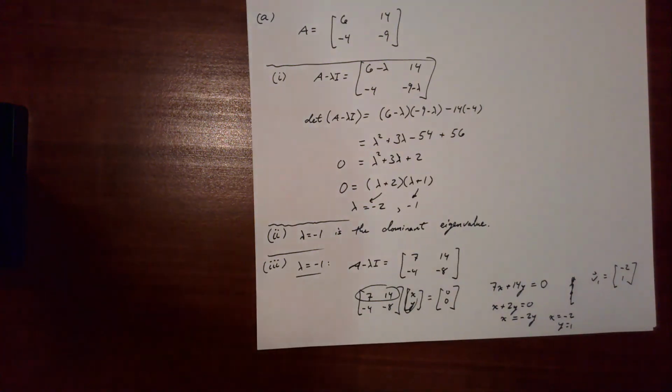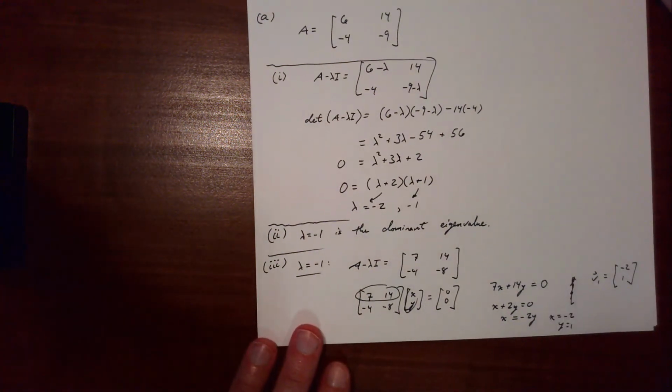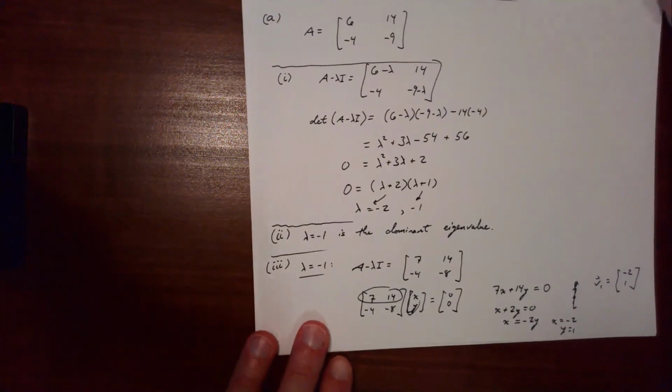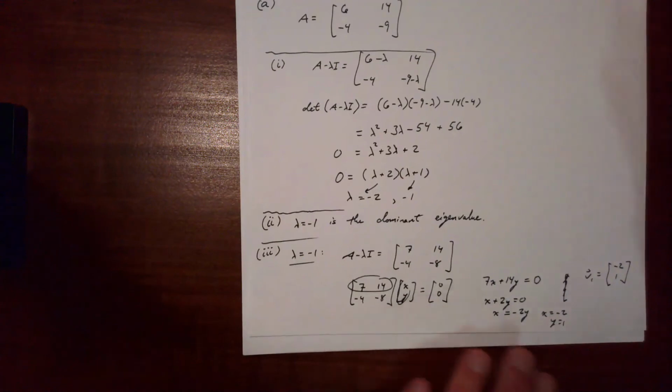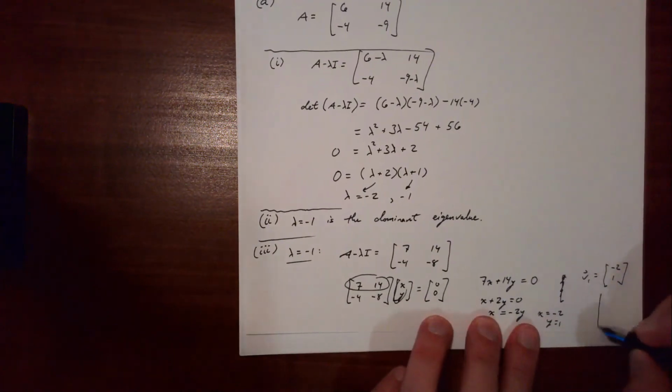All right, so this is going to be the eigenvector that corresponds with the dominant eigenvalue. So what that means is solution curves will end up pointing in a direction parallel to this. Which, just for a note, what direction is that? That's negative on the x, positive on the y, so that's going to be going like this.